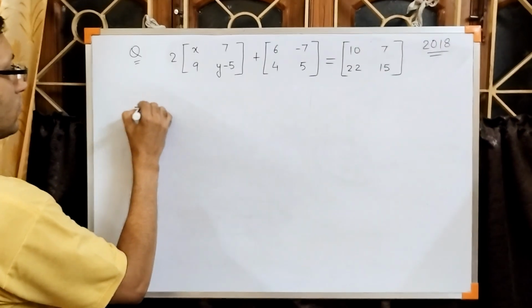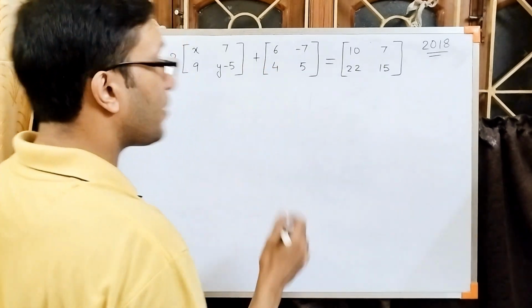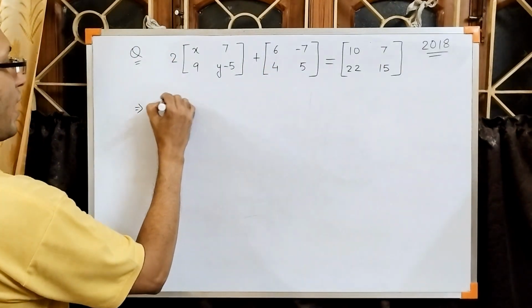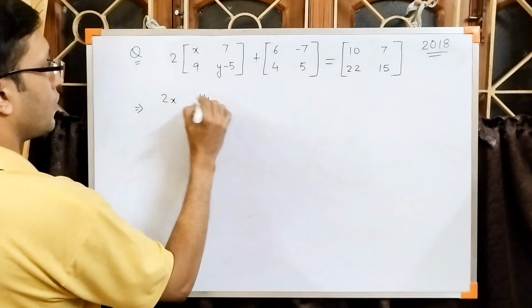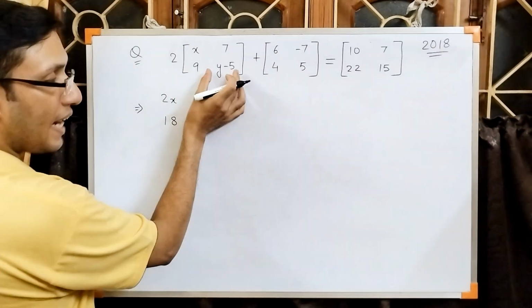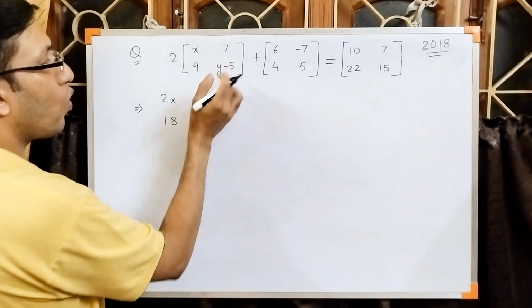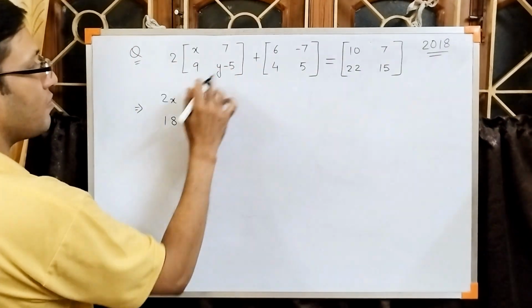First of all, this 2 will be multiplied with individual elements inside this matrix. So we get 2x, 2 into 7, that is 14, 2 into 9, that is 18, and 2 multiplied with this entire y minus 5, that is 2y minus 10.